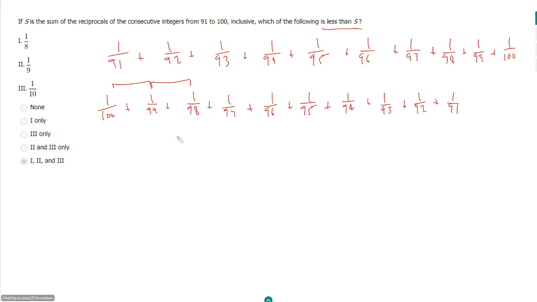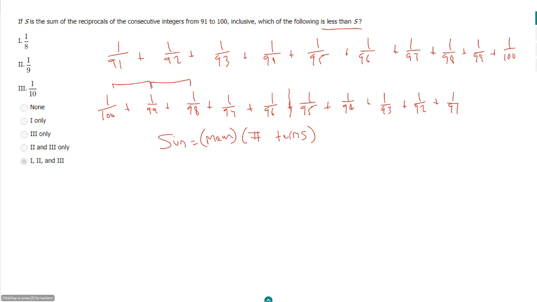So the sum should be my mean times my number of terms. And if I have a consecutive set, I can estimate my mean as my median. I don't have that here, so my mean isn't going to be my median, but it will be close enough.